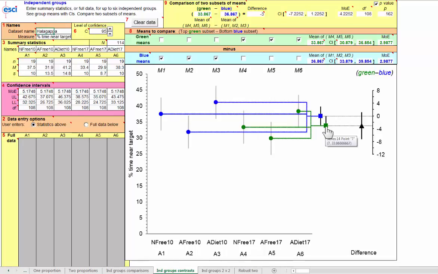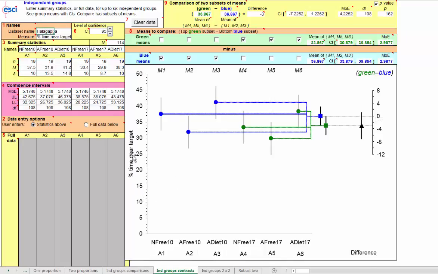And here we have the difference between green minus blue, so about 33 there minus about 37 there. Here are the numbers, 33.8 minus 36.8, difference of minus 3, and there's the confidence interval on that difference running from about minus 7 up to about little more than 1.